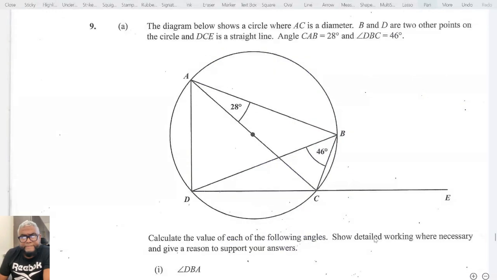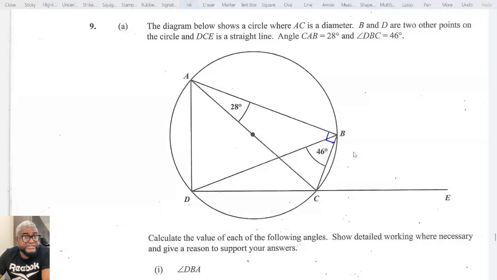The diagram below shows a circle where AC is the diameter, right? So if AC is the diameter, what do we know about this angle up here? You all have seen that?